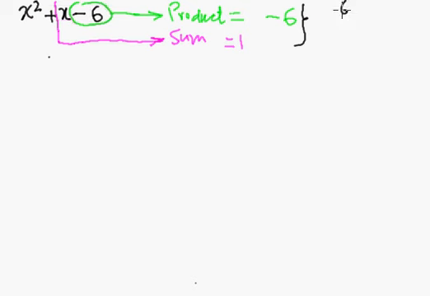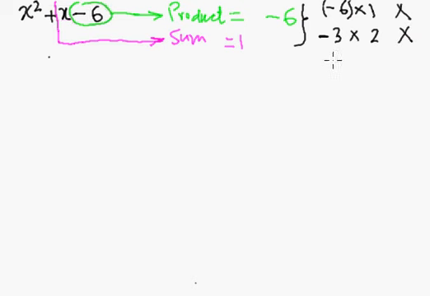For example, -6 and a positive 1 gives me a -6 but not a 1, so this is not going to work. Let me try 3 and 2. I'm close enough because 3 and 2 will give me a 6, but they don't add up to a 1, so this is not going to work either.